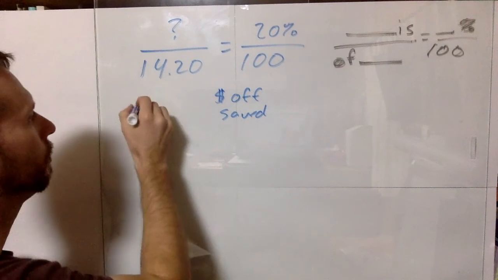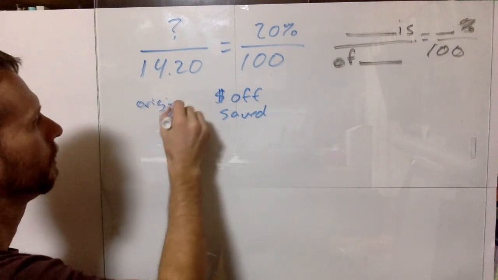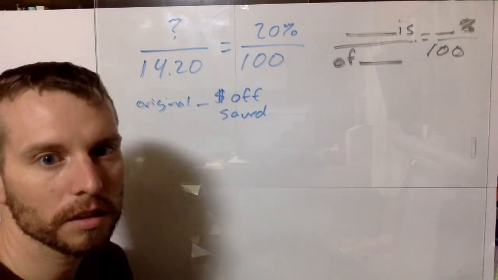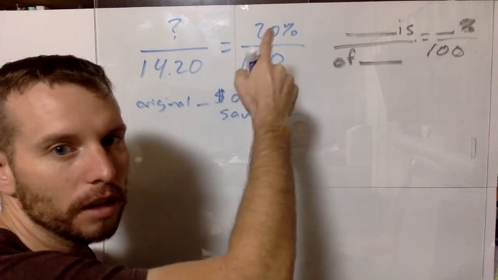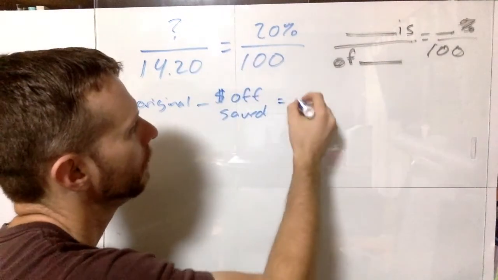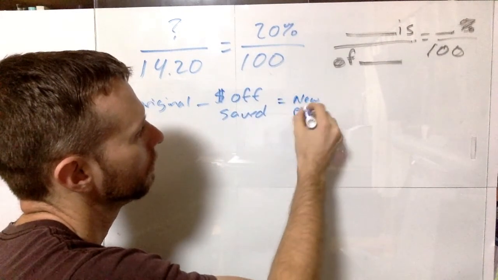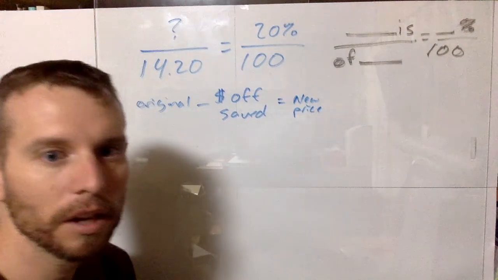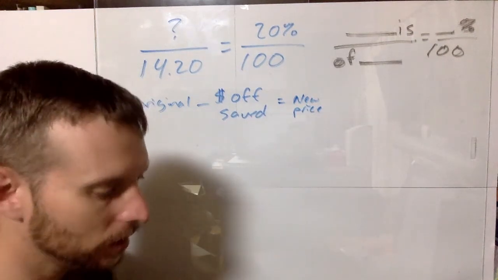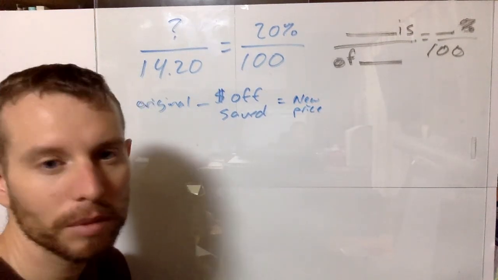So then you're going to have to do the original minus this amount, the dollars that you saved, 20%, equals the new price. You can do it that way. You will get the correct answer that way. That's fine, and that's how a lot of people do it.